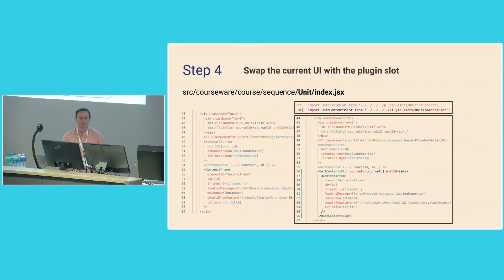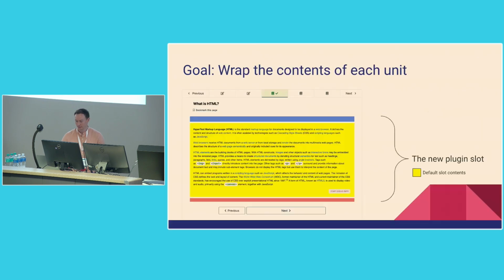I still don't understand this default content thing. What is default content in the context of an MFE? It's the children of the slot itself in the MFE as they're defined in the MFE. So you have the slot component, something slot, right? Unit content slot.